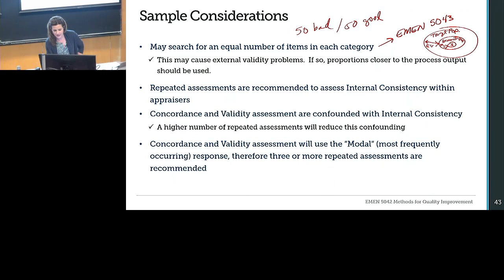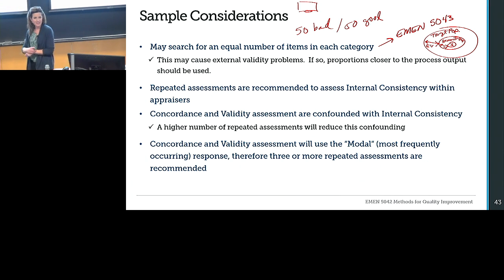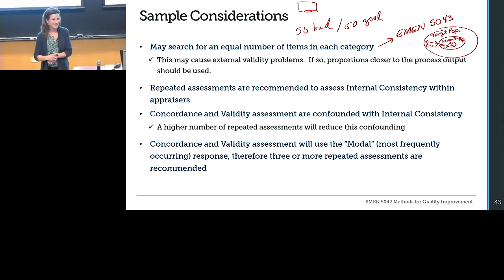So if I take a sample, 50 bad, 50 good, from what's available for me to sample, that might be okay for internal validity purposes. But if what I really want to relate this back to is how I run my process, so let's say I have the Presco vision system. Here's the camera, and it's watching lids go by, and the proportion that it's actually going to see is like 3% defective, and I tested it at 50% defective.